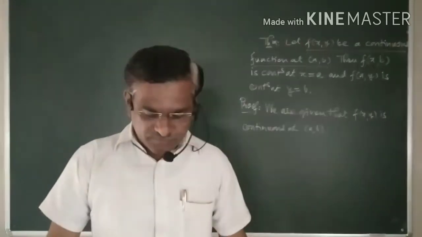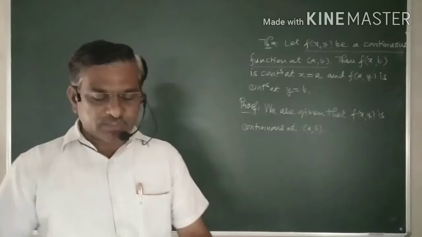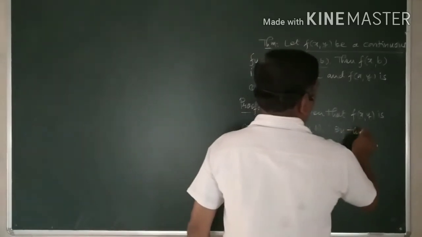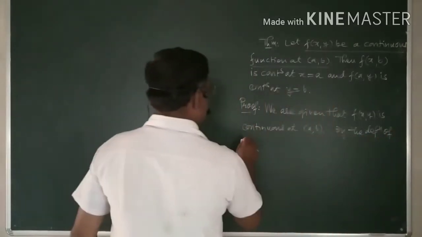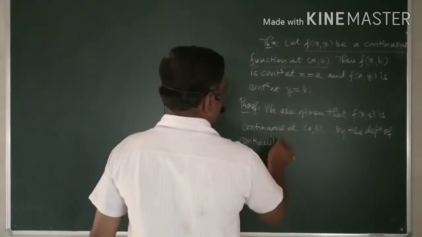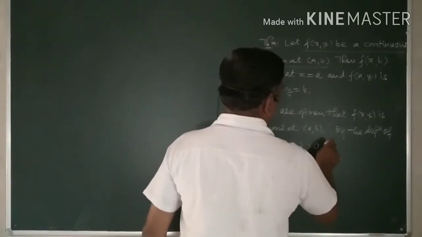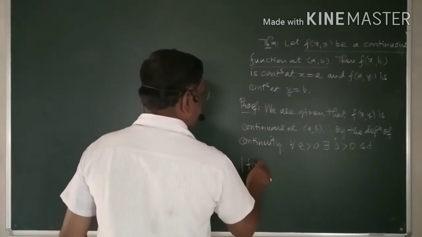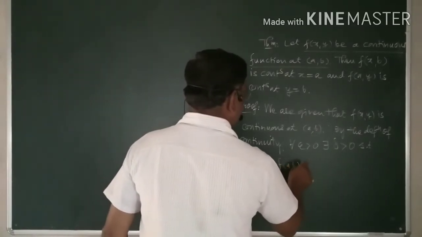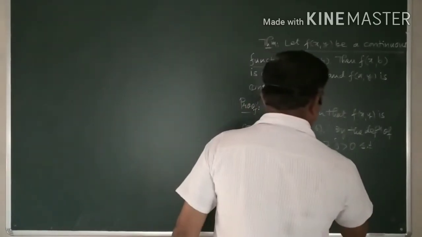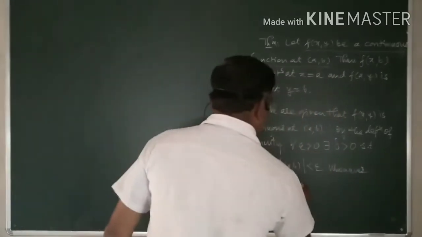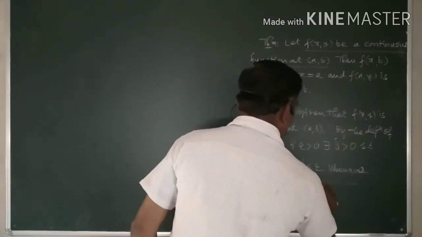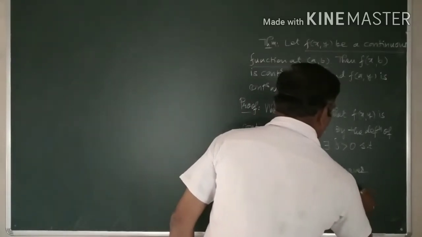Therefore, by using the definition of continuity of a function, what happens is: for every epsilon greater than 0, there exists delta greater than 0 such that the absolute value of f of x comma y minus f of a comma b is less than epsilon whenever root of (x minus a) square plus (y minus b) square is less than delta.